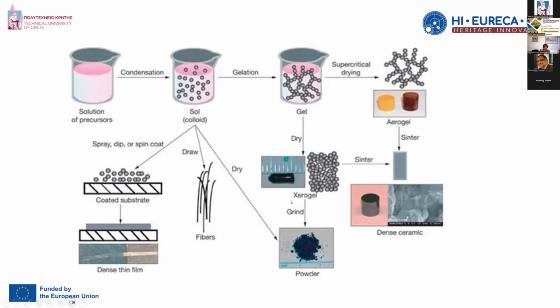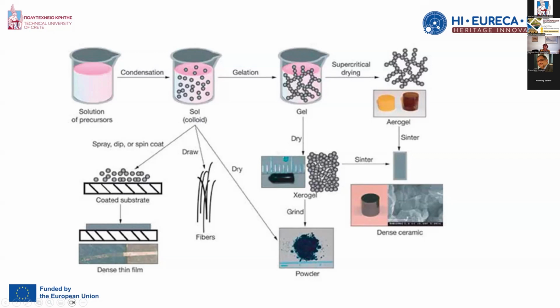In the sol-gel process, we have a dispersion, a colloidal solution, through condensation and gelation. We can have different products here.